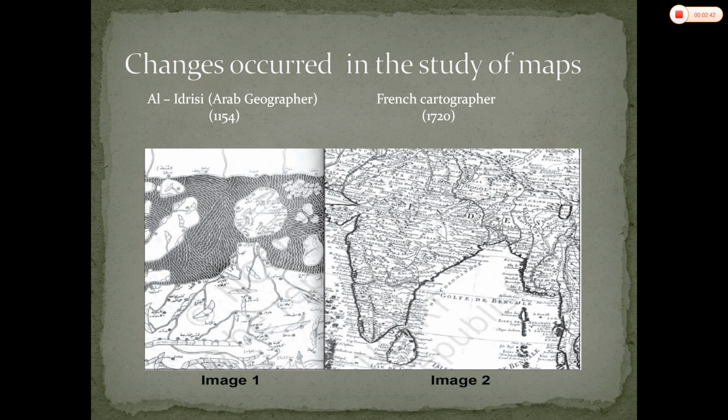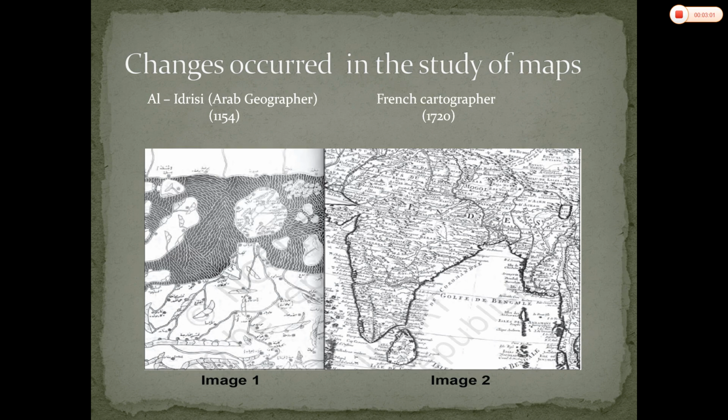So there is almost a difference of 600 to 700 years, as you can see, 1154 and 1720. In between this time, the art of cartography. What is cartography basically? Cartography is the science and art of making maps.